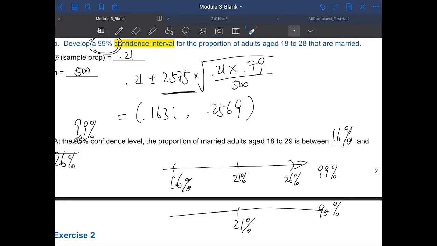Your confidence level means how confident you are with this interval estimate.